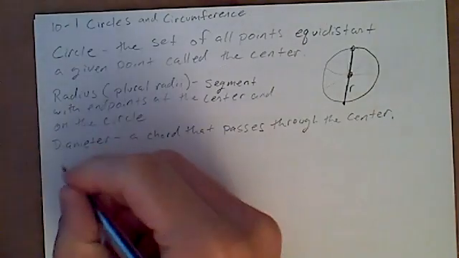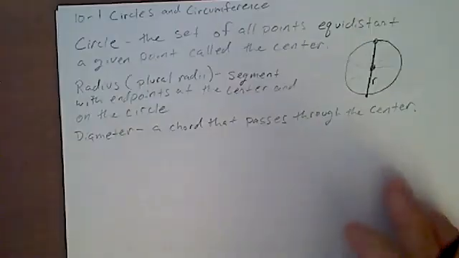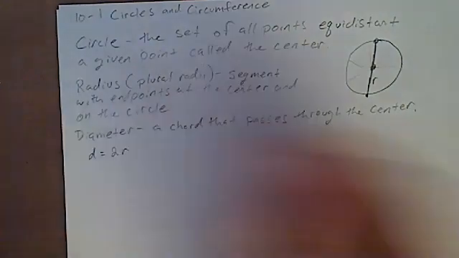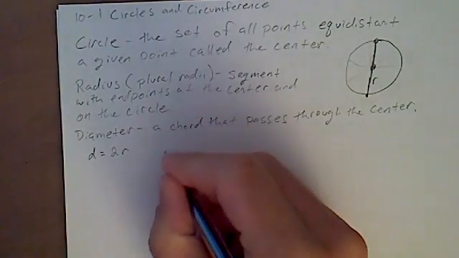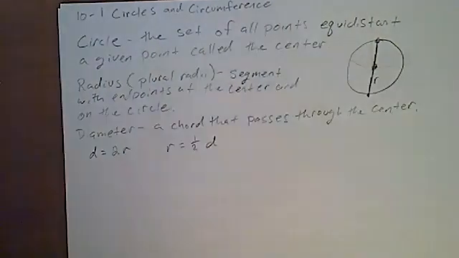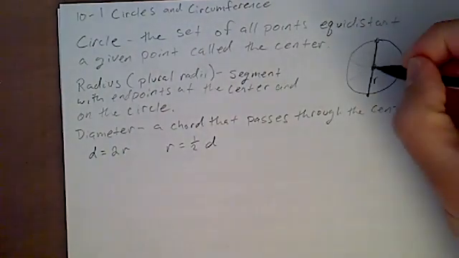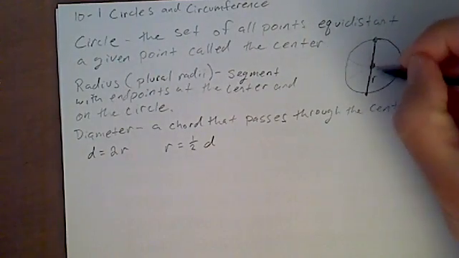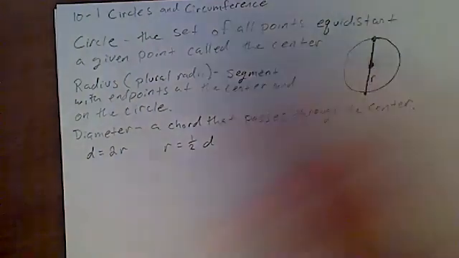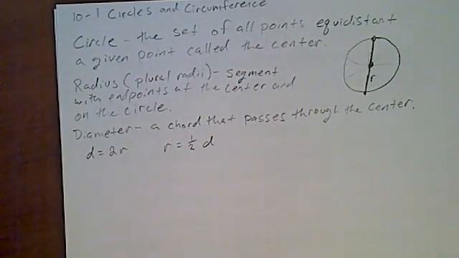And two small formulas go with that. The diameter equals 2 times the radius, or the radius equals 1/2 the diameter, which makes sense because the diameter is made up of 2 segments going from the center to the circle. That makes it 2 radius lengths.